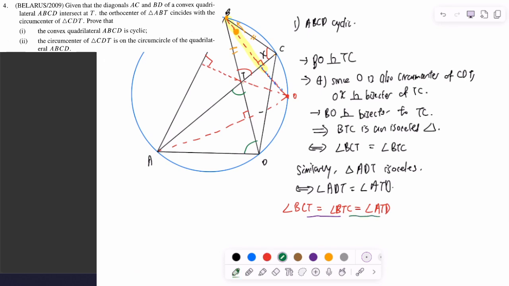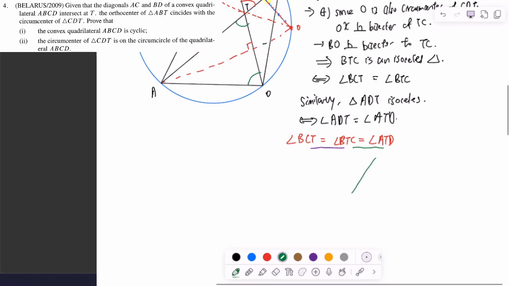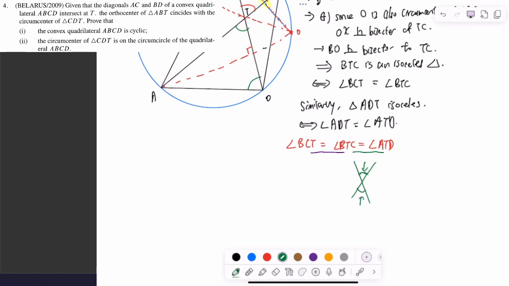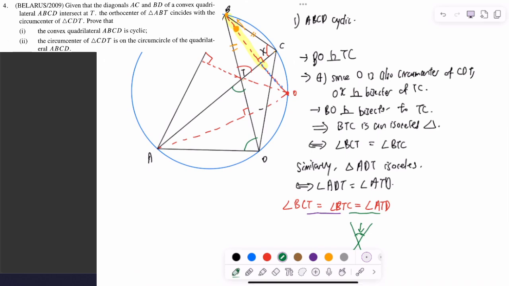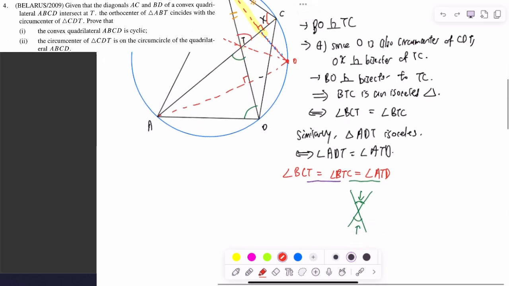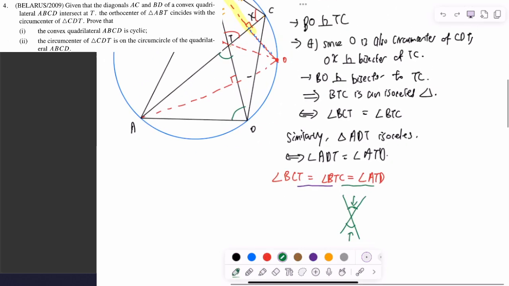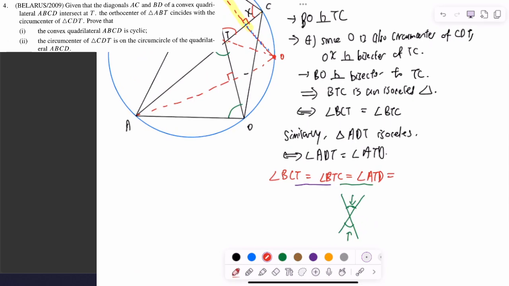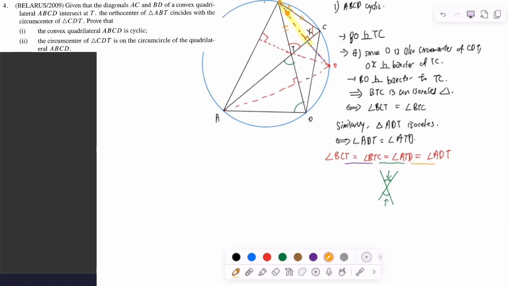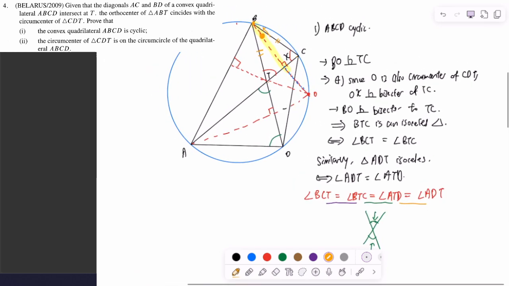This is by the fact that if you have this setup, the opposite angles are equal. So this angle and this angle are equal. Let me just use a different color here. Now ATD is also equal to angle ADT. This one is from the second isosceles triangle. So now we got angle BCT equals angle ADT.